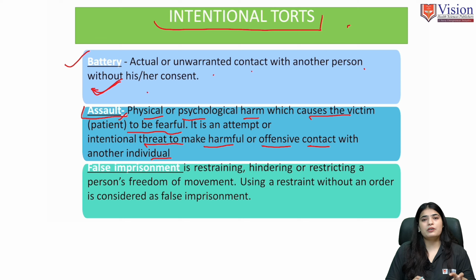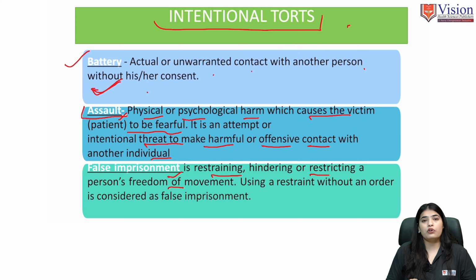In battery the person is touching the other person without consent, but here the person is trying to harm or threatening to harm the patient physically or psychologically. That is assault. So next comes false imprisonment. False imprisonment is restraining the person, hindering or restricting the movement of a person.